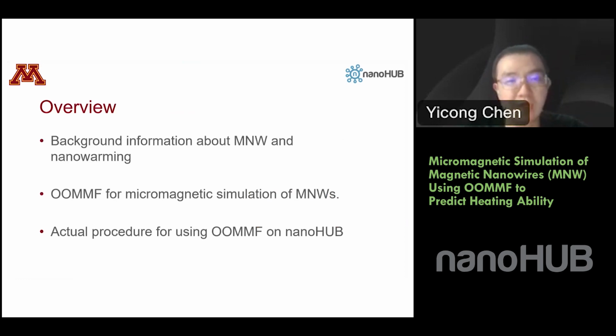I'd like to give an introduction to the background information about nanowires and the nanowarming process. The next step is to introduce a little bit about OOMMF for micromagnetic simulation. And lastly, I would like to go briefly through the actual procedure for using OOMMF on the nanoHUB platform.